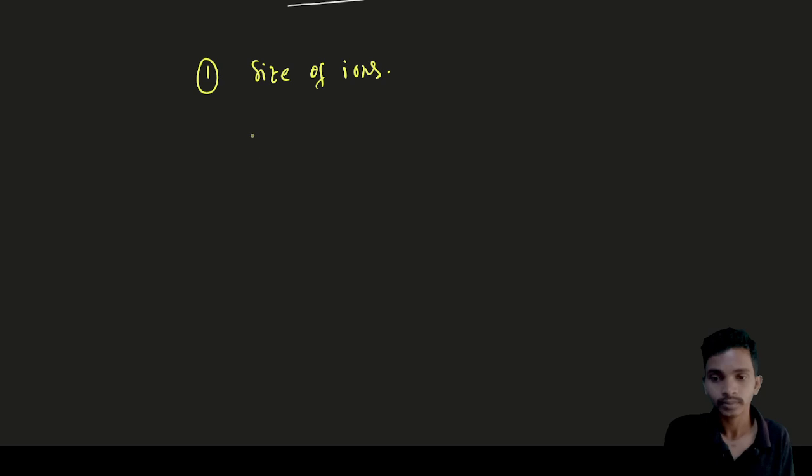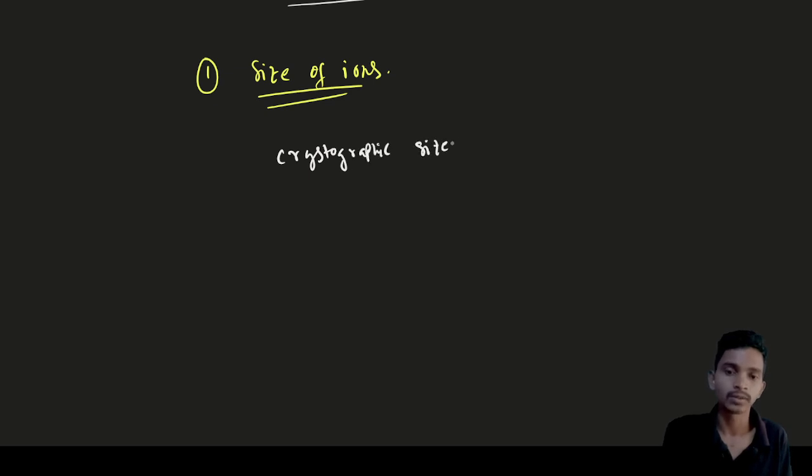So the size of ions without any water, we say that is the crystallographic size, meaning without water or without any molecules. In that case we can say crystallographic size.